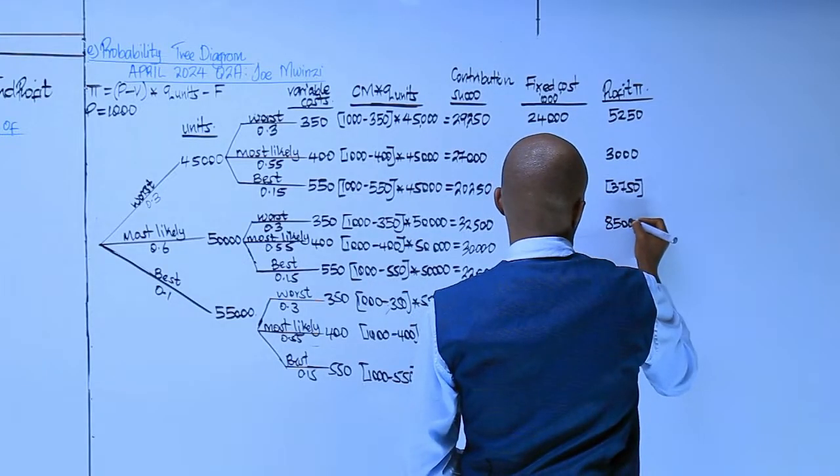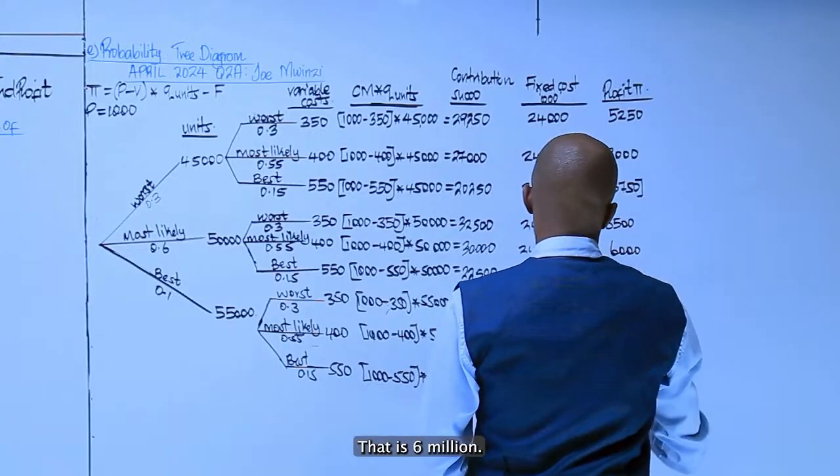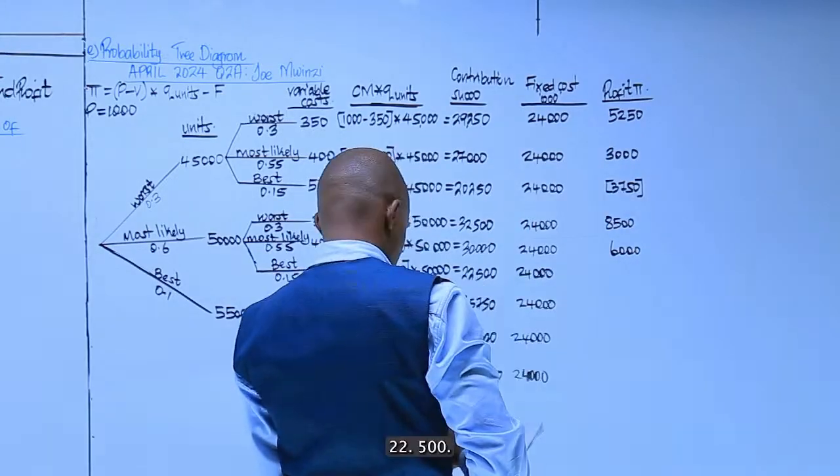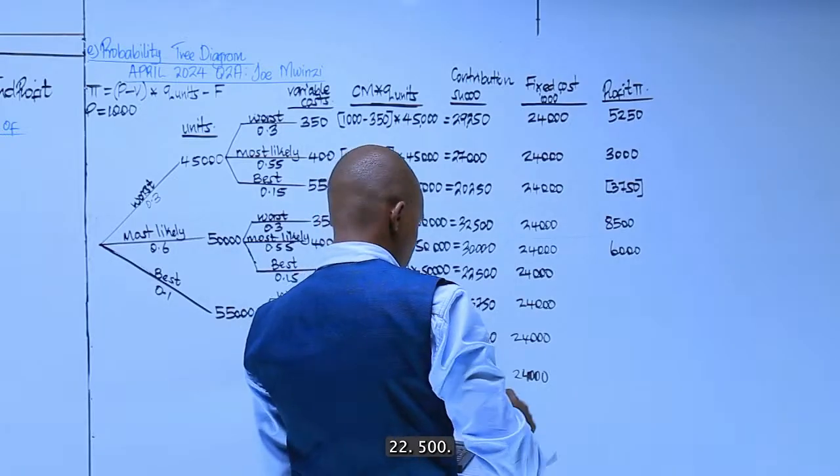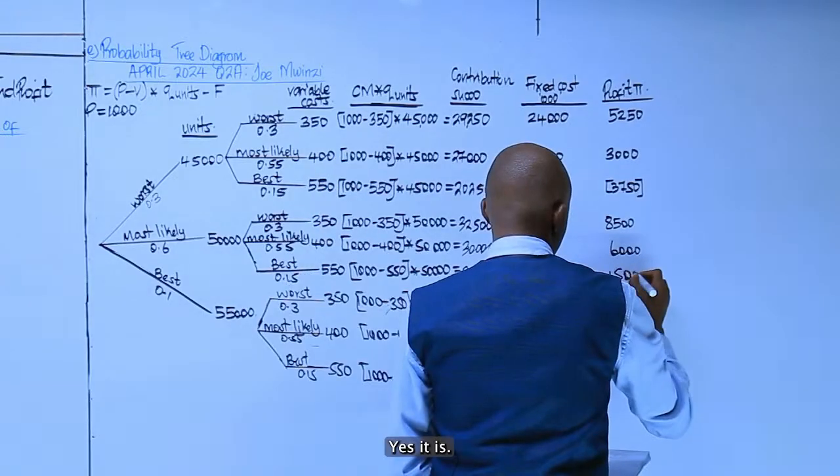That is 6 million. 22,500, is that 1,500? Yes, it is.